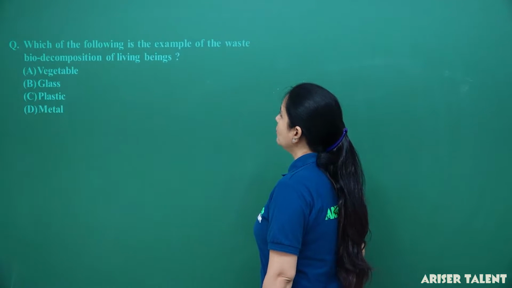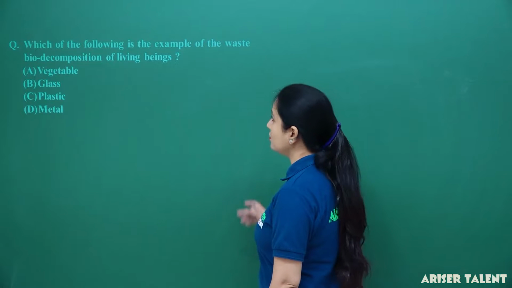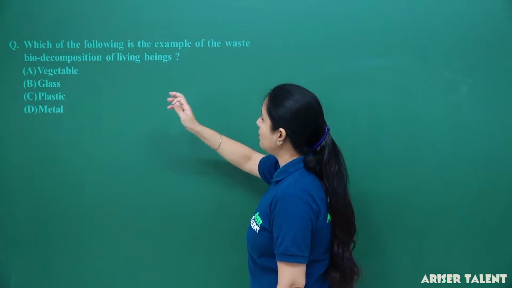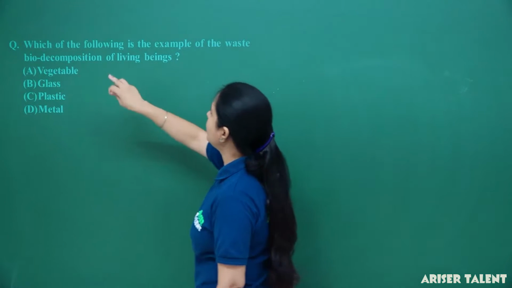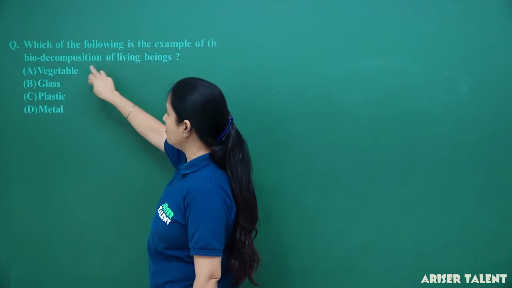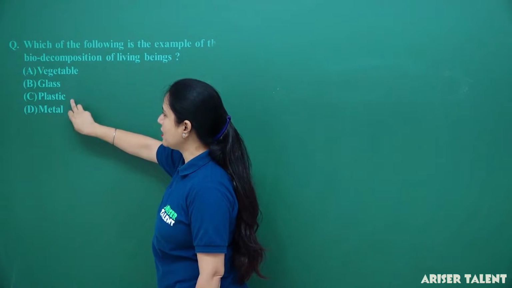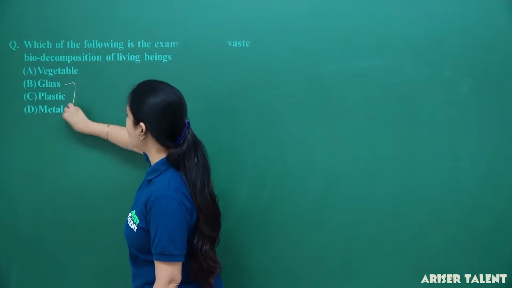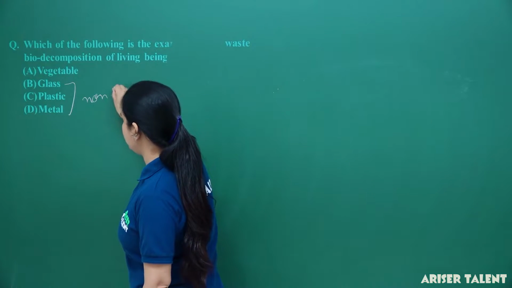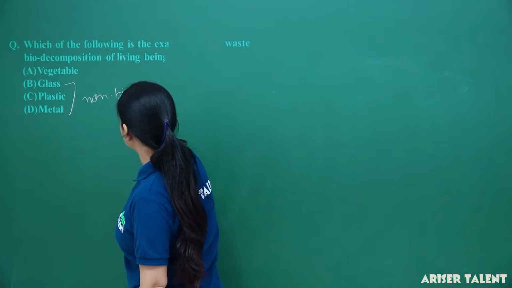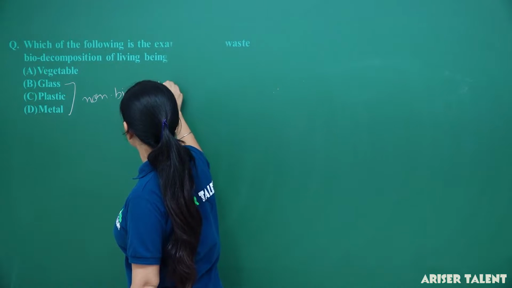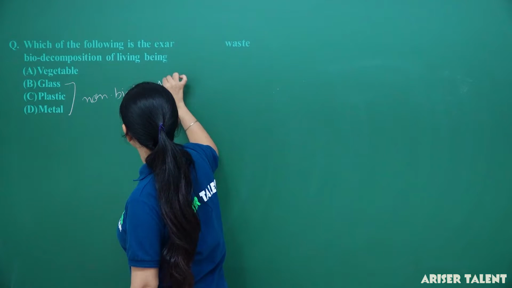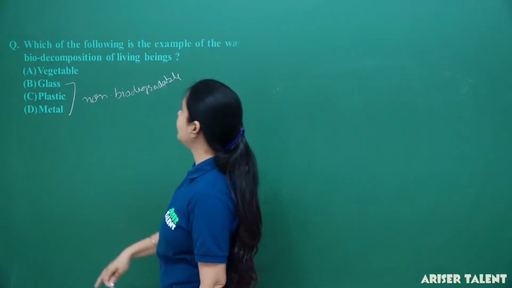Next is, which of the following is an example of the waste biodecomposition of living beings? Vegetables, glass, plastic, metals. Glass, plastic and metals are all non-biodegradable.